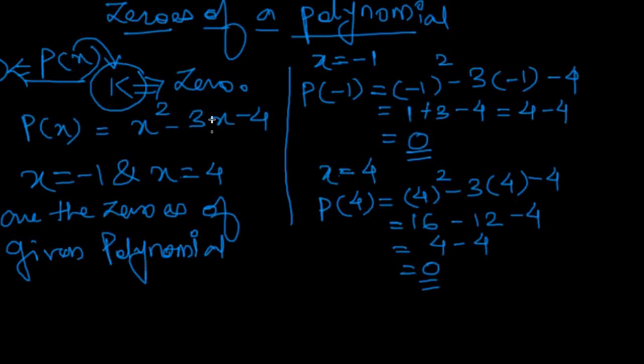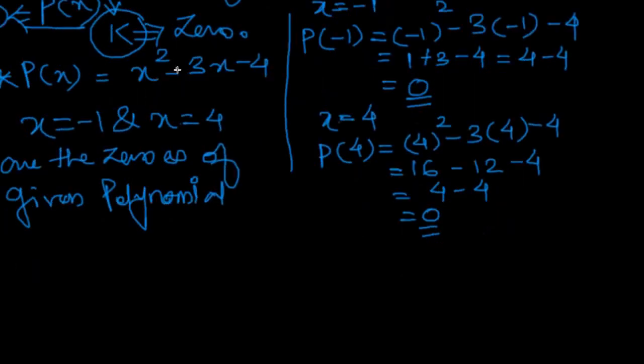You might have got an idea of what zeros of a polynomial are. Zeros are those values of x, or your variable, which, when substituted instead of that variable in your polynomial, make the value of the polynomial equal to 0. We have seen an example. So that's about zeros of a polynomial.